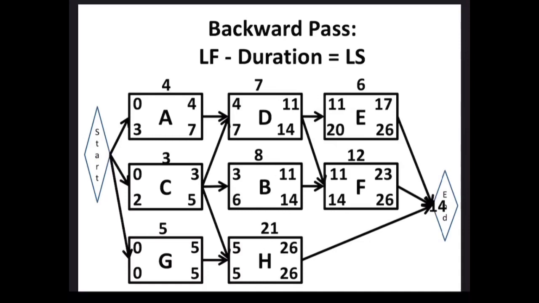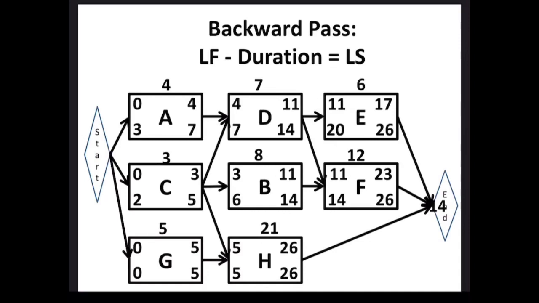D has a 7, B has a 6, and H has a 5. Therefore, we will take 5. Its late finish of 5 minus its duration of 3 gives us 2 as the late start for activity C. The difference between top and bottom is 2. There is some float on this activity.